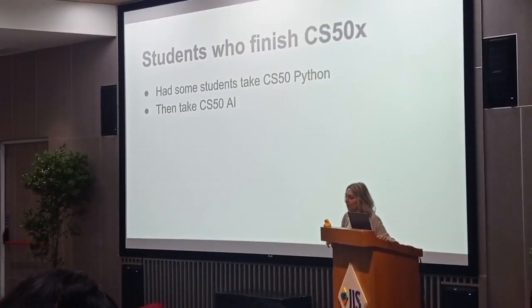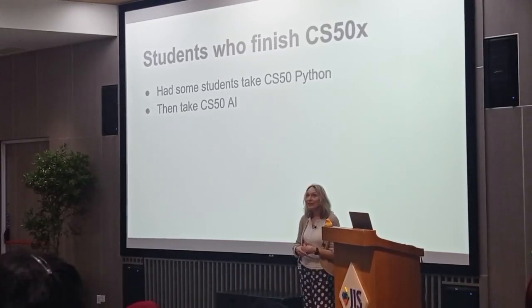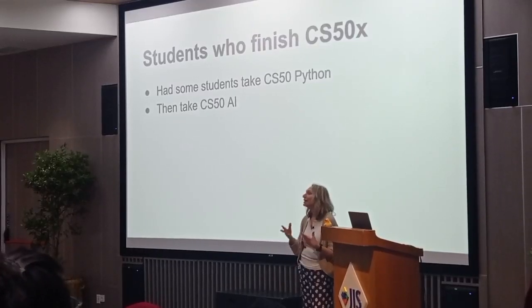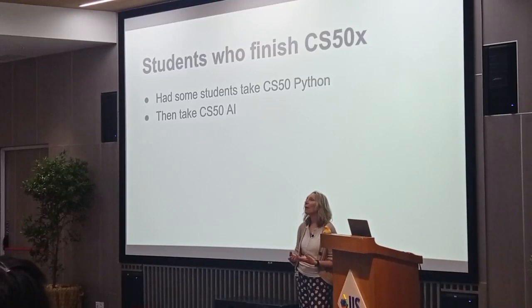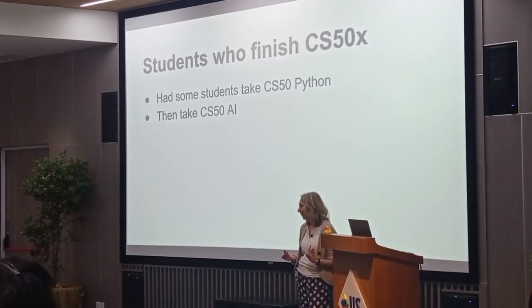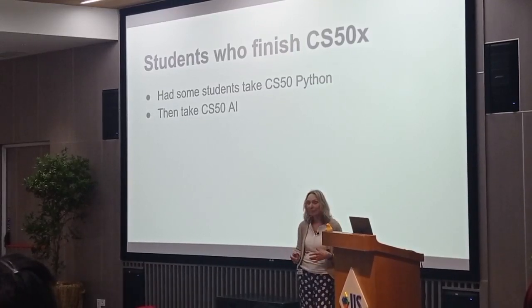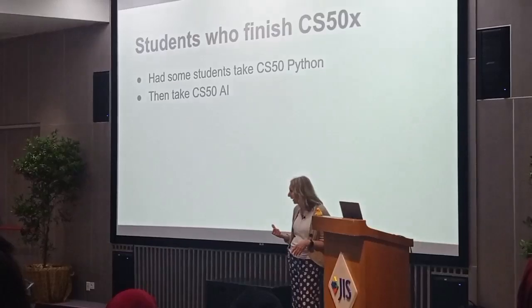Now, I've had a couple of students on the other side that moved so quickly through the curriculum. This year, I had one student, this has never happened in 8 years before, who finished the entire CS50X curriculum in the first month of school. I don't know how he did that. He obviously came in with a lot of experience. I've never had anybody finish the whole curriculum in 1 month. So I had him go through the CS50 Python curriculum, finish that the next month.